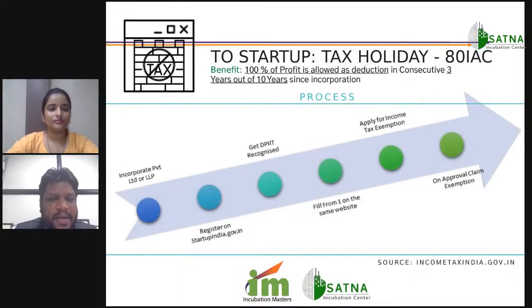Once you are incorporated, you get the certificate of incorporation from the MCA. Then you can get your private limited company or LLP registered under DPIIT.